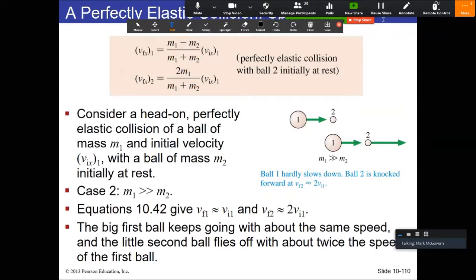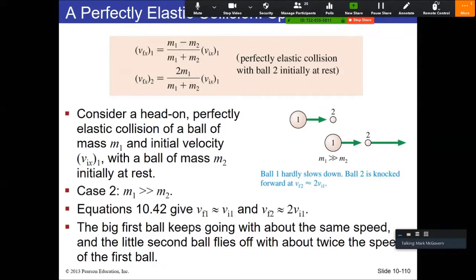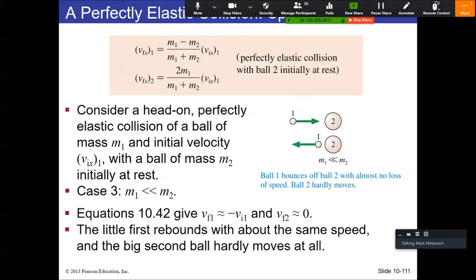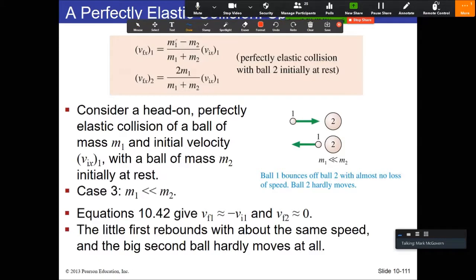All right, the last scenario. You can probably guess what we're going to do here. What if ball 1 is very, very small compared to ball 2? Again, you have to look at the equations. Here's the equation up here. If you make ball 1 very small, then you cancel out m1. When I say cancel out, you're not actually canceling out, because mathematically that's abhorrent.